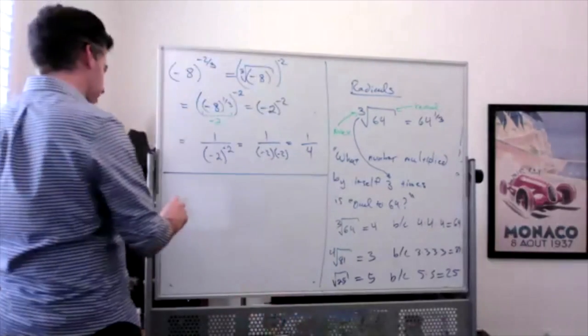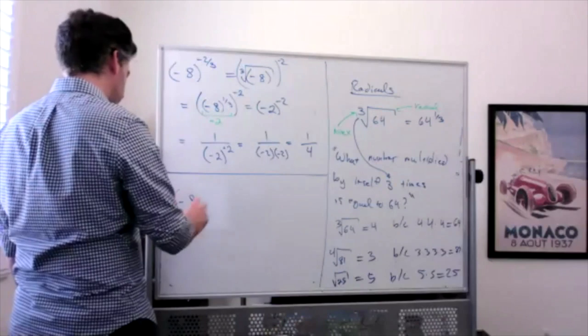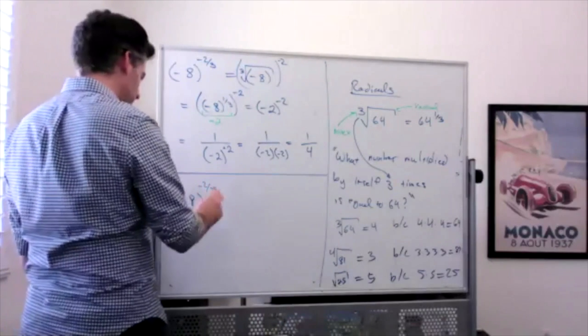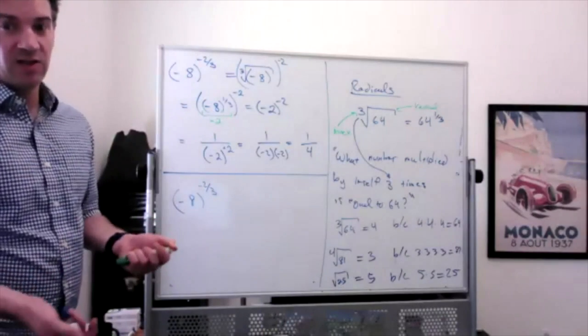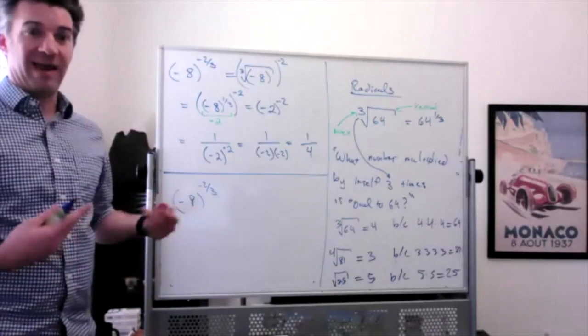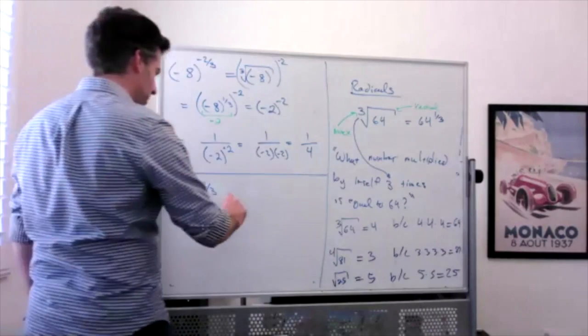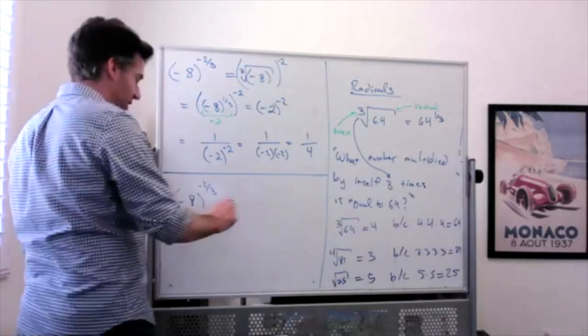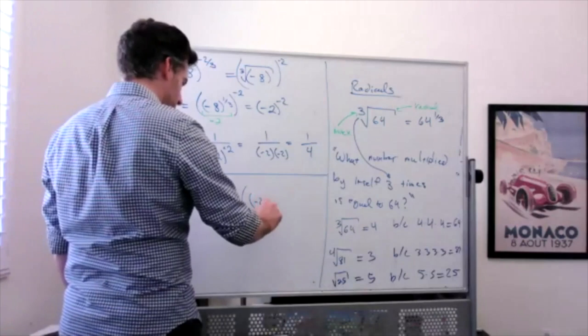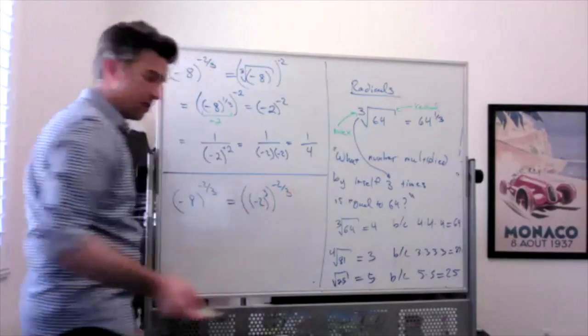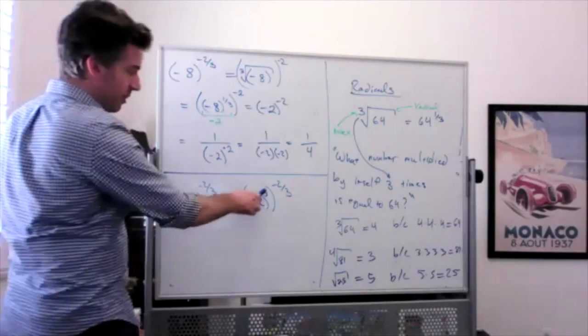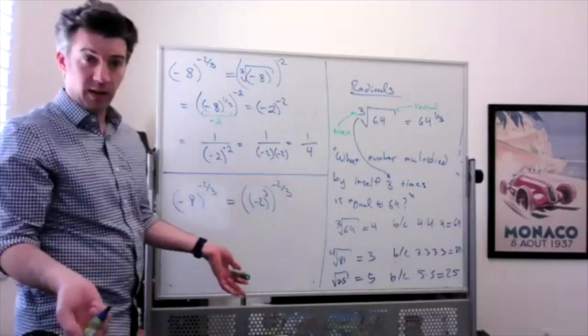Some people like to think about, okay, I've got -8 to the -2/3. I want to take the third root of -8. So I need to think of -8 as some number cubed. So some people like to say, oh, -8 is -2 cubed. And then when you have a power to a power, you multiply the powers.